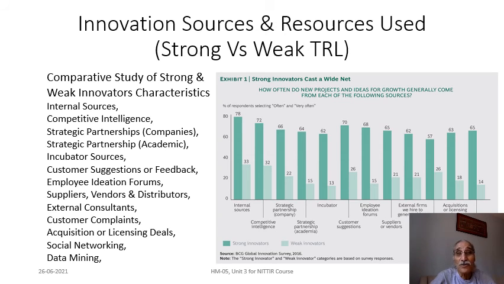Their internal resources, how agile, how adaptive, how smart their internal resources are, how competitive their intelligence is, how they are able to understand what is important in the marketplace, and what technologies we need to import and what technology we need to develop in-house. And therefore, for those technologies we need to import, which are the partners with whom we should get into partnership, and how those partnerships should evolve.